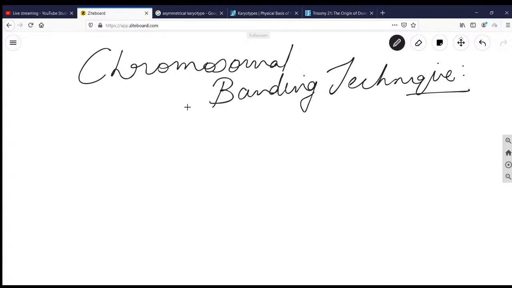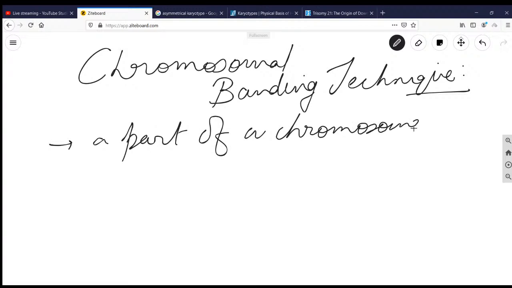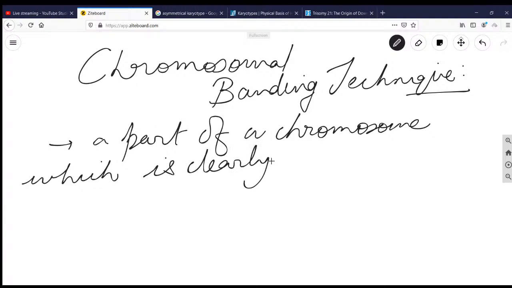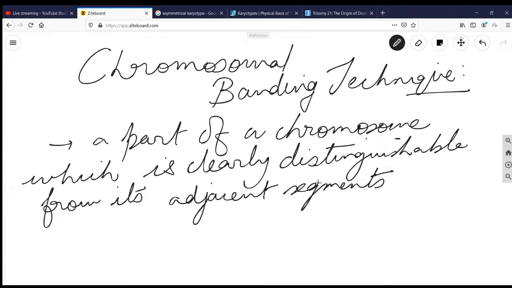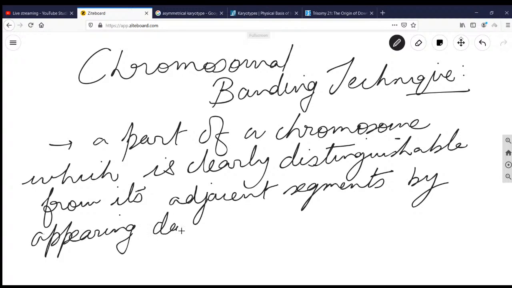It was first shown in the 1971 conference in Paris and is defined as, if you want to define it, a part of a chromosome which is clearly distinguishable from its adjacent segments by appearing darker or lighter with various banding methods.